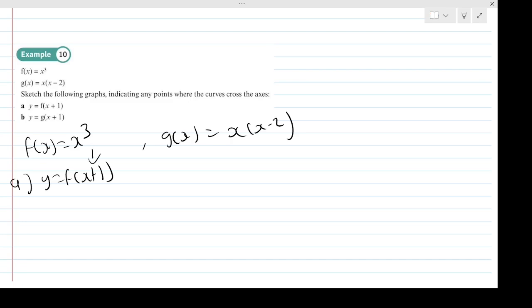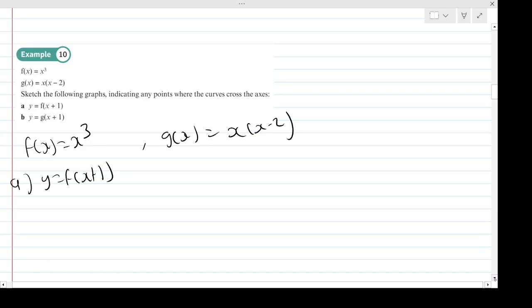It's acting inside the function. I'm changing it inside the function, so it's going to affect the x, the input, the x values, and because it's inside the function, it's going to do the opposite to what we expect. So instead of adding 1 to the x values to shift it up by 1, we're going to do the opposite and actually subtract 1 from the coordinates. So it goes to the left, to the negative x side, right?